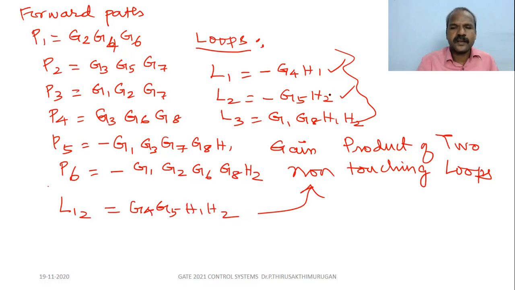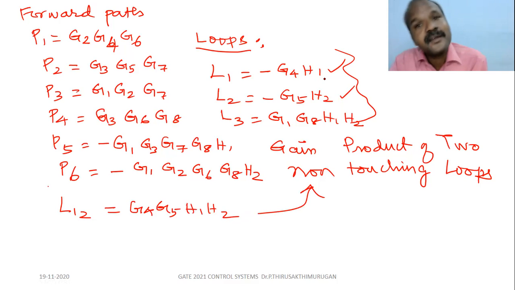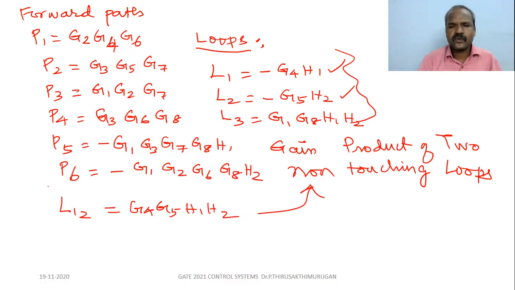Both L1 and L2, 2 loops are touching with the third loop. So we can't say one more 2 non-touching loops. When we go for gain product of 3 non-touching loops, that is also impossible here. So now we can easily calculate the gain formula.